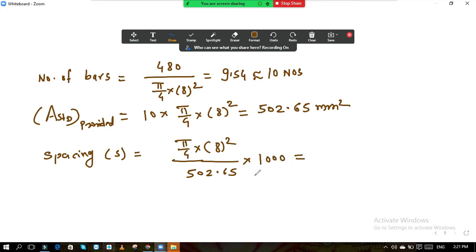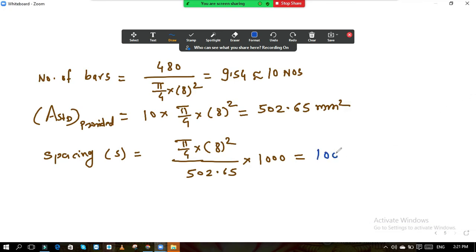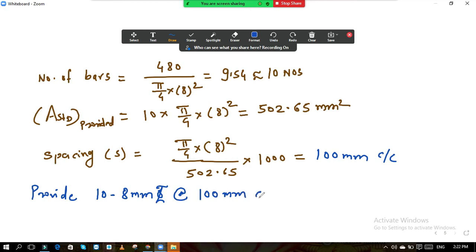It is 100 mm center to center. So here provide 10 bars of 8 mm diameter at 100 mm center to center in stem.